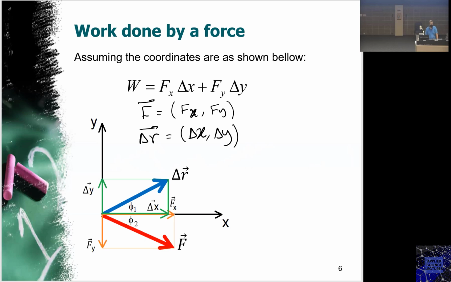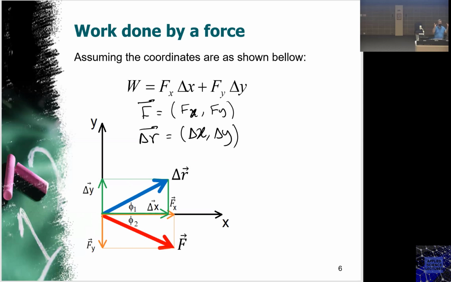So if you've been given the force and the displacement, and both of them have an angle with the coordinates this way, in this case you find the components of the force and the components of the displacement.